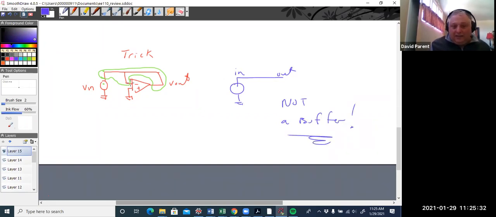It's just a mistake. Okay? Don't do that. So it's true, V out does equal V in, but it bypasses the op amp.